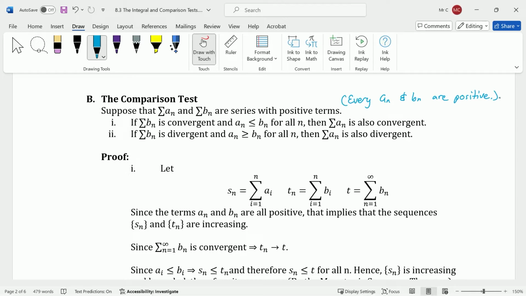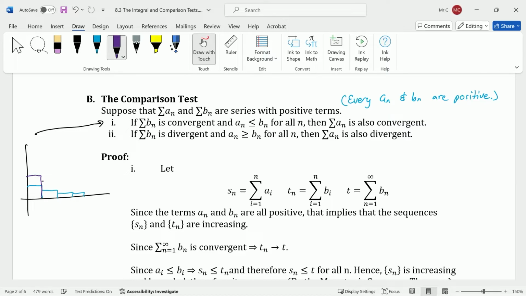And what's the conclusion here? It says, if the sum of b sub n terms is convergent, and a sub n is less than or equal to b sub n for all n, then the sum of a sub n terms is also convergent. So if we draw a very quick sketch here to represent case I, what we're saying is a sub n can be represented by the sums of the areas of these rectangles.